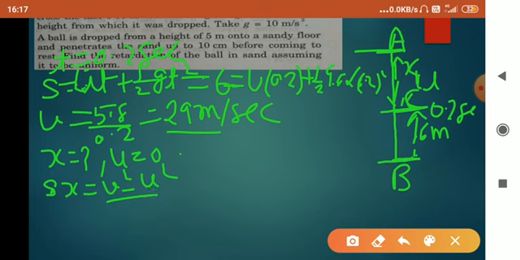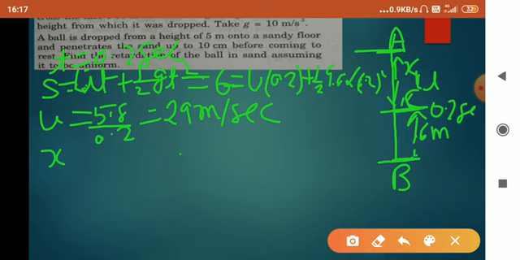For this, draw a diagram and we will take 3 points A, B and C as we have done in the previous case.